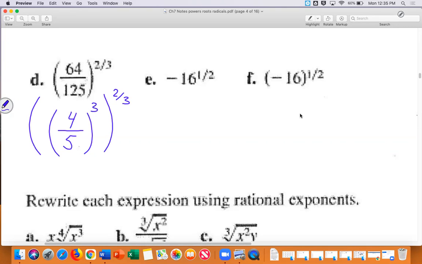What am I going to do with the exponents? Multiply them. What's 3 times 2/3? 2. What's 4/5 squared? 16 over 25.